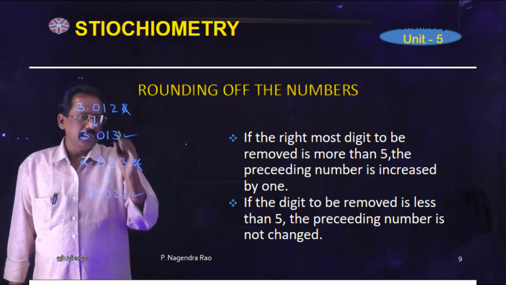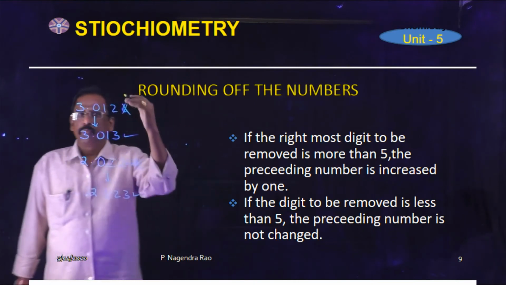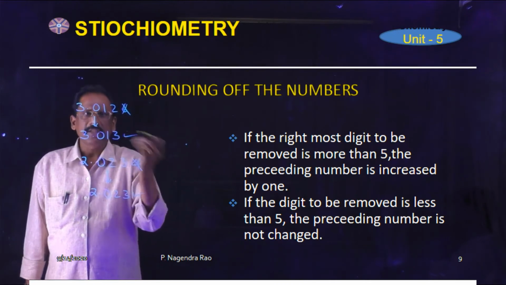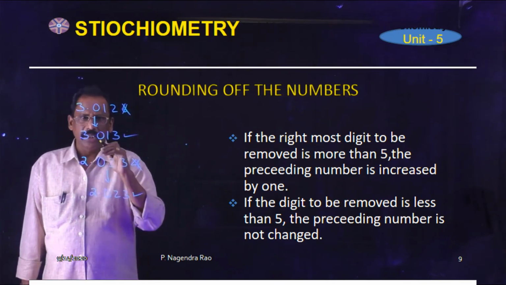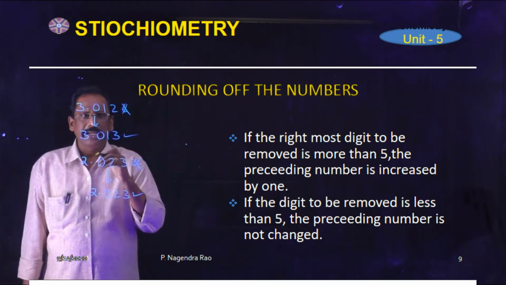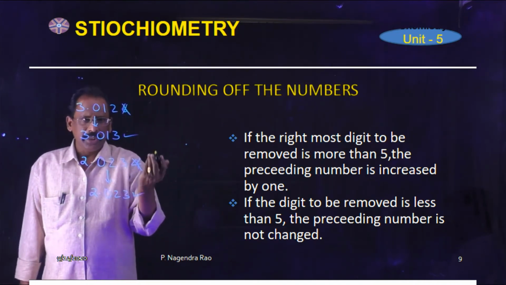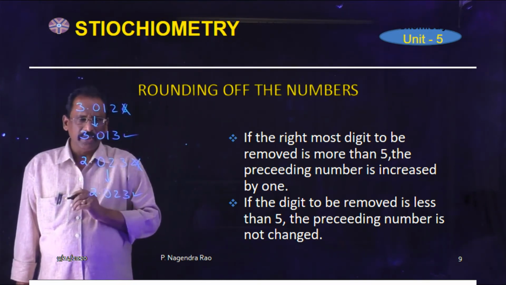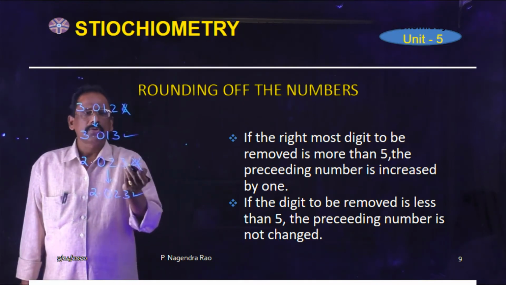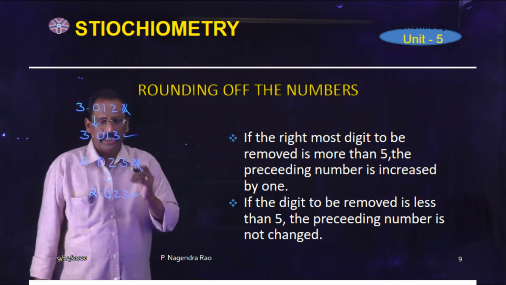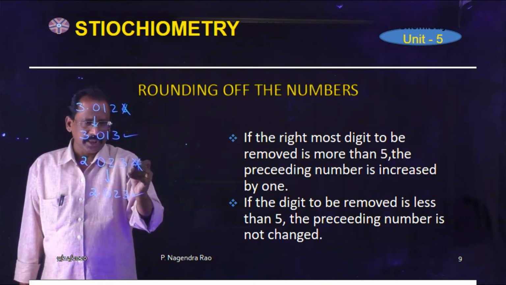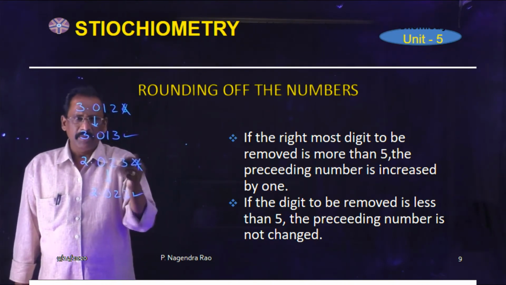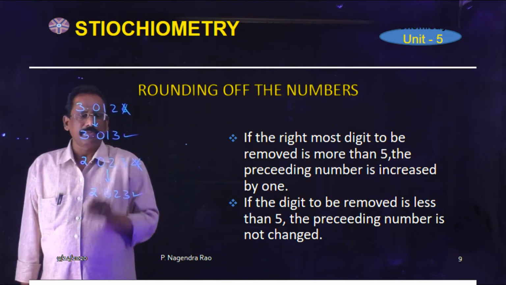So if the last digit is more than 5, the preceding number is increased by 1 unit while rounding off the significant numbers. If the last digit is less than 5, there is no change in the preceding number value. So 2.0234, the last digit is 4. If you want to remove this digit, it is less than 5. That's why the preceding number is not changed. So the final answer is 2.023.